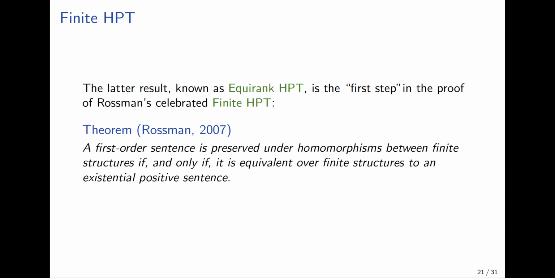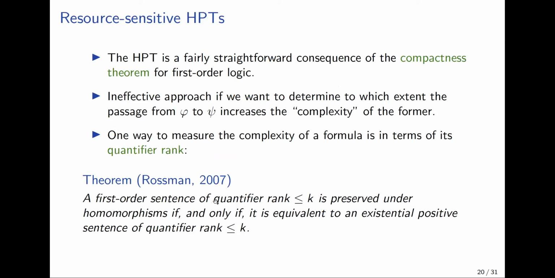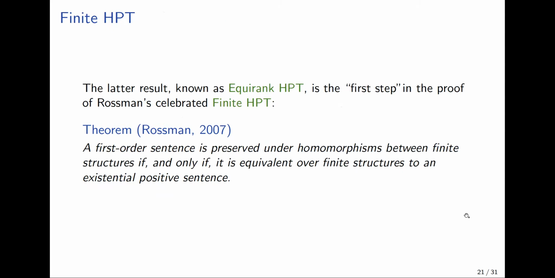But so the kind of results I'm interested in are these results, so equiresource homomorphism preservation theorems. That's what I'm interested in here. And if you want to at least be able to phrase such a statement in a categorical framework, you should be able to talk about model classes, so categories of models for a sentence, right?